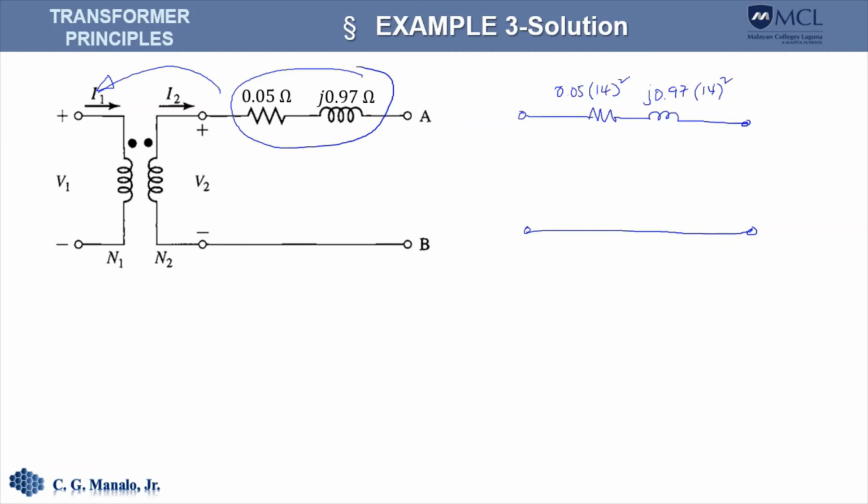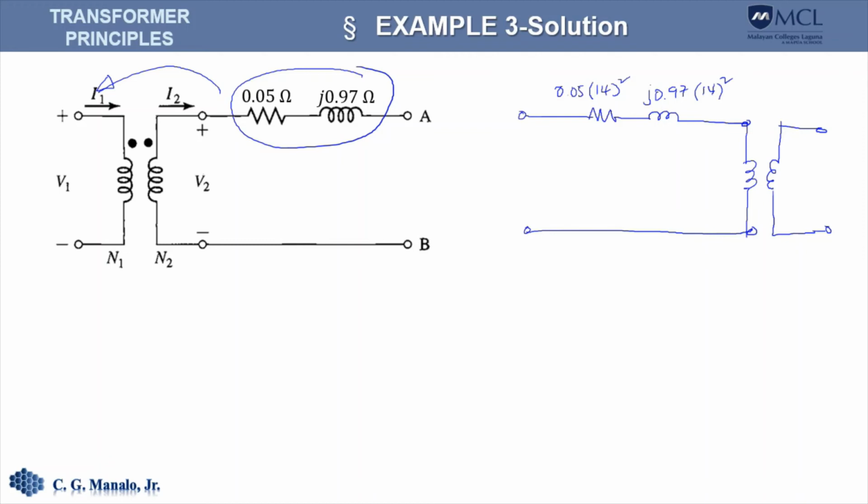Take note that in reality there is an ideal transformer here. However, the secondary is an open circuit, so we can simply ignore this part.